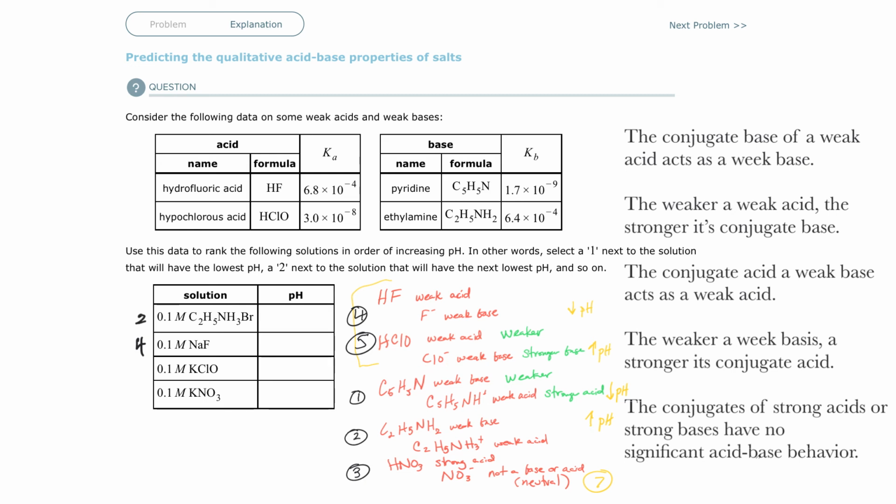ClO we had as 5. And then the last one, KNO3, we had that one as 3. All right, so we don't have a 1. So our lowest, this will be our 1, which is lowest.